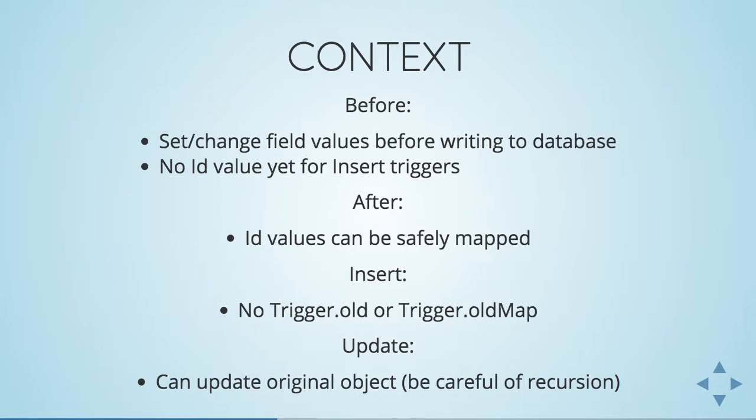But again, if you're in an insert, you don't have a Trigger.old or a Trigger.oldMap. And the reason being, obviously, if you're performing an insert, there is no prior instance of those records to utilize. And just be careful, again, of recursion, updating the original object that the Apex trigger is firing on.